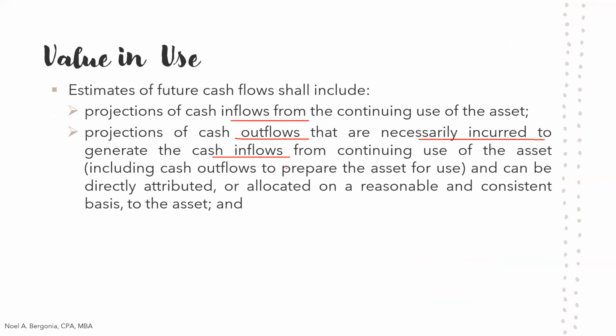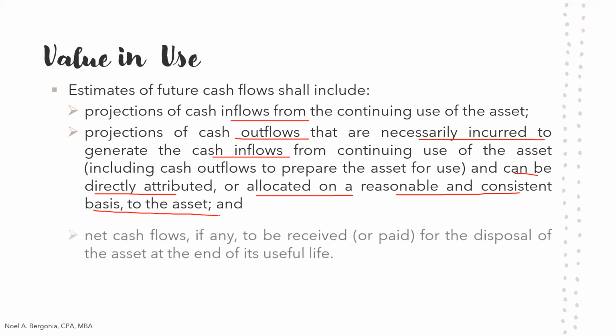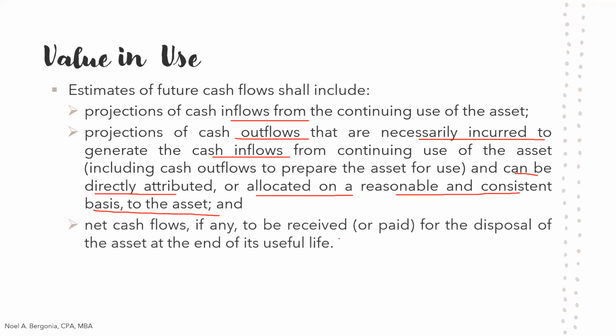So yun nabanggit ko kanina, possible maintenance from that particular asset. Also, it can be included directly attributable or allocated amounts on a reasonable and consistent basis to the asset. Then we have also the net cash flows, if any, to be paid or received for the disposal of the asset. So again, this refers to the salvage value kanina or the scrap value.